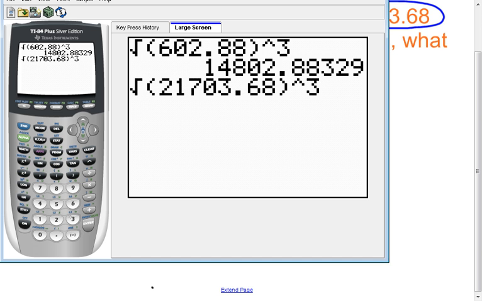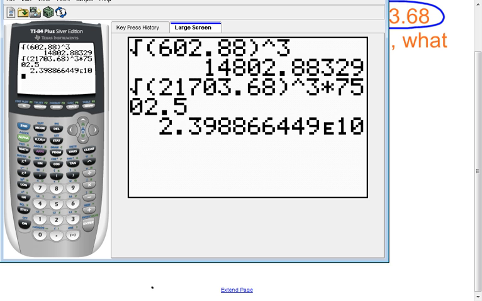But then I also have to multiply it by the 7,502.5, and then push enter. So I'm doing all of that at once. Now that's a pretty big number there. That E means I have to multiply it by 10 to the 10th. So I have this huge number there.